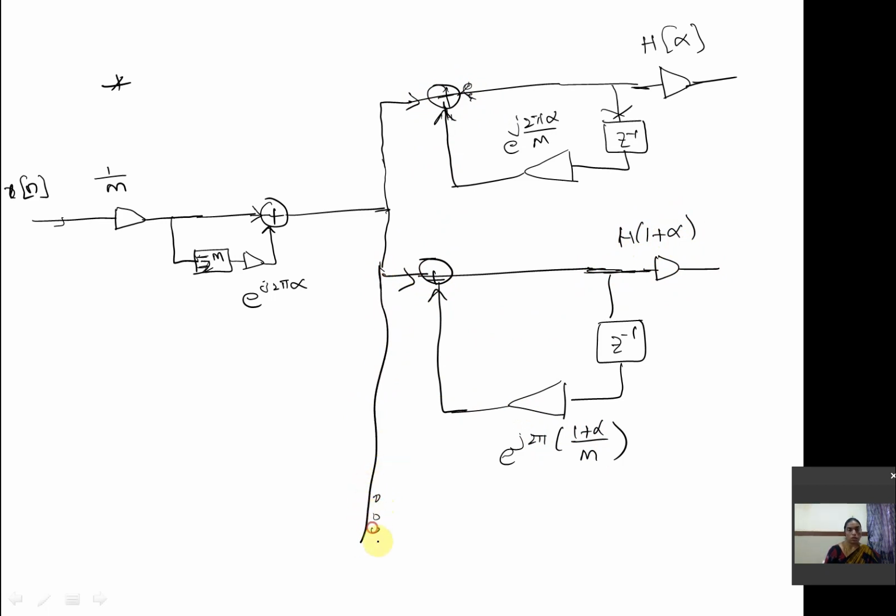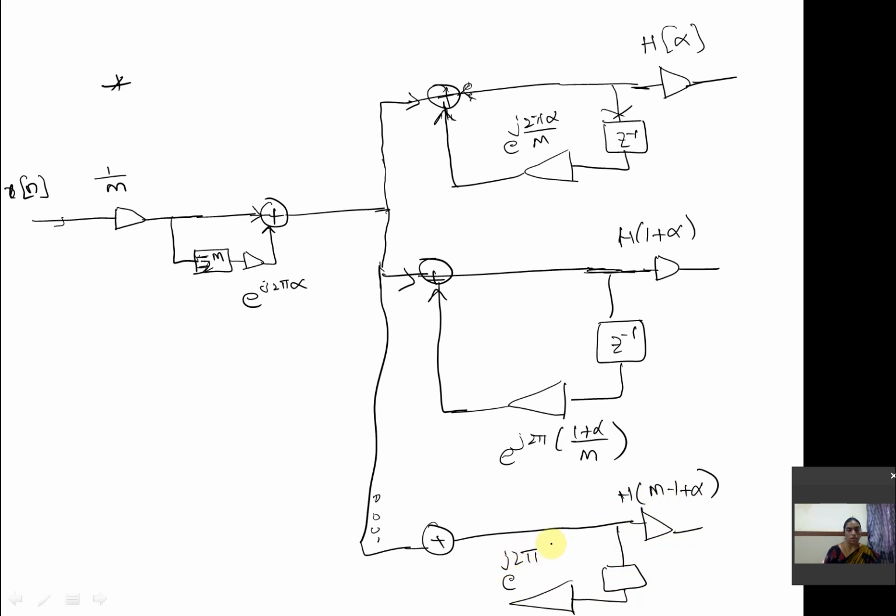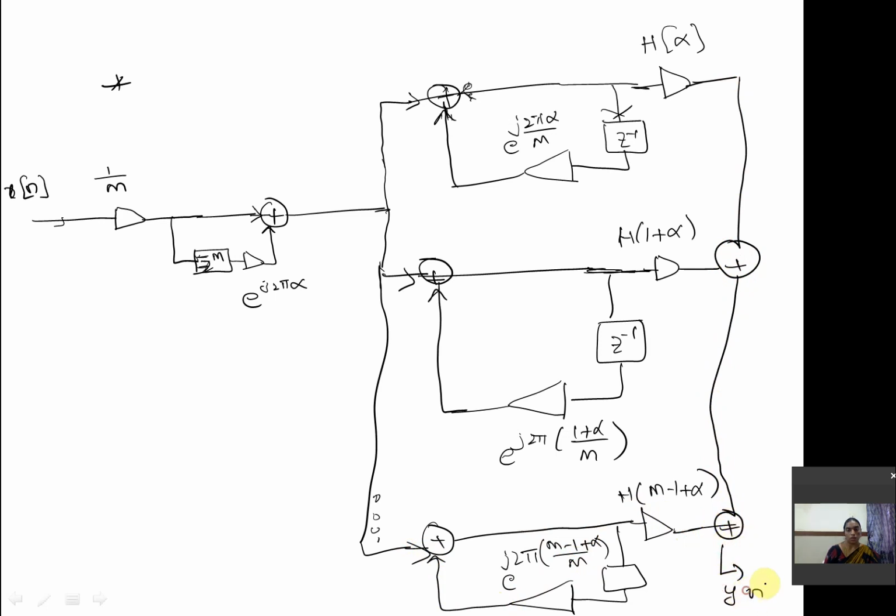And so on. The last one is nothing but k equal to M minus 1, H(M-1+α). Then here the product is e^{j2π(M-1+α)/M}. Add. So now the summation of all means add all these, then you can get y(n).